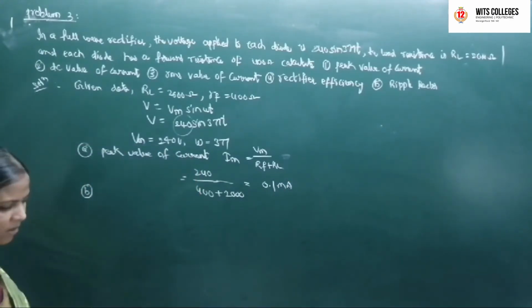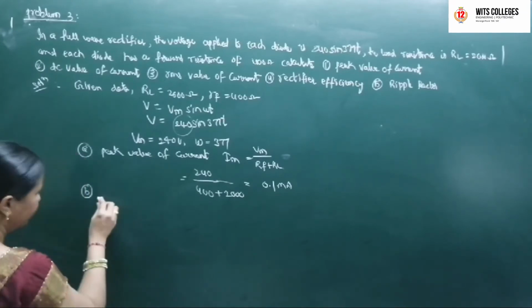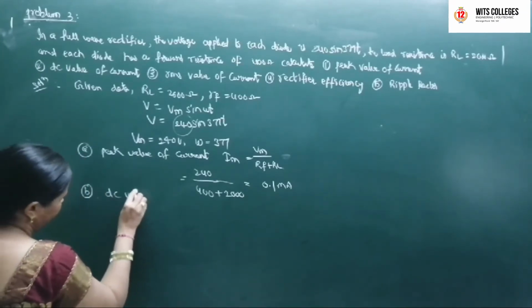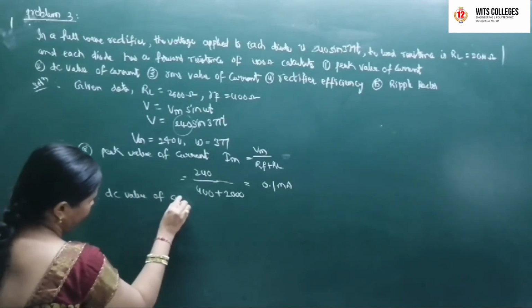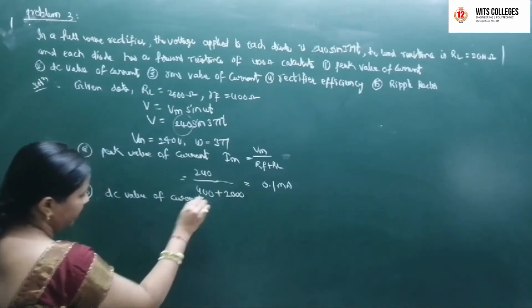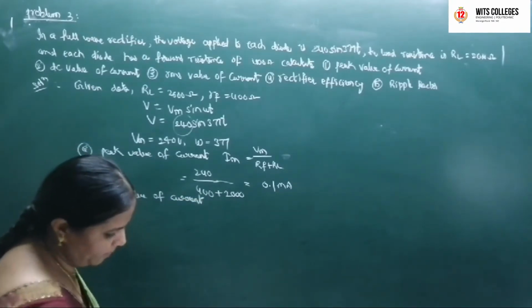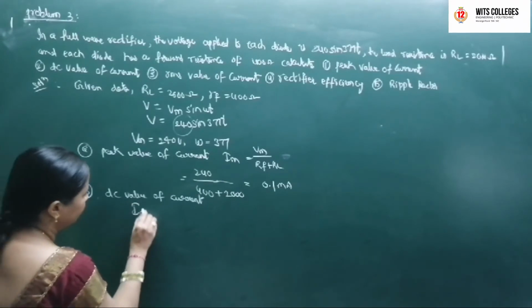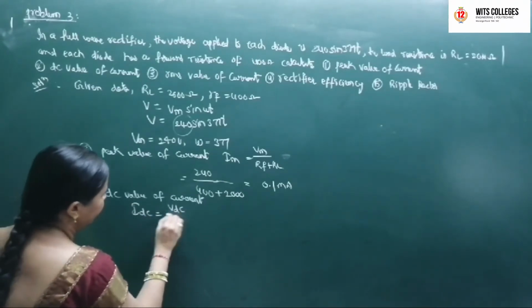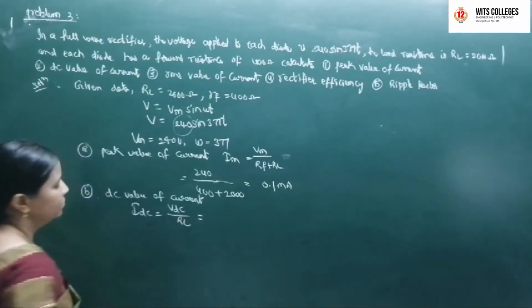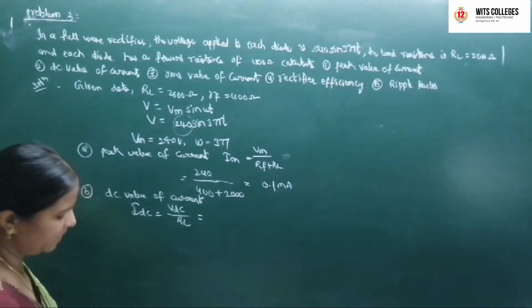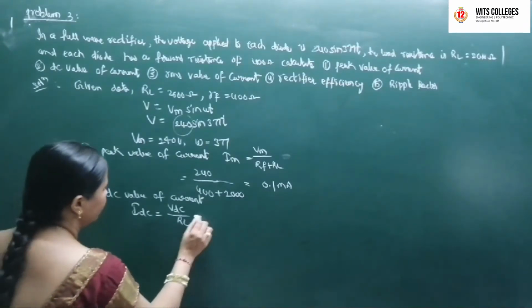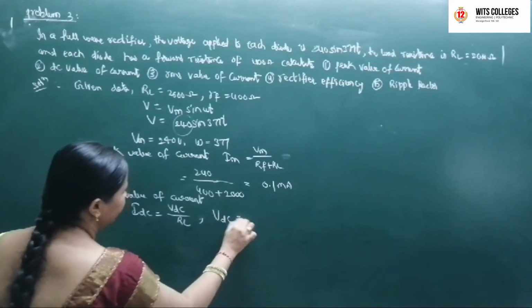So next we have to calculate the DC value of current. It is indicated by IDC equal to VDC by RL.